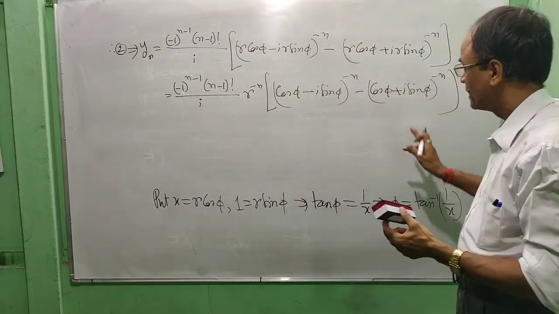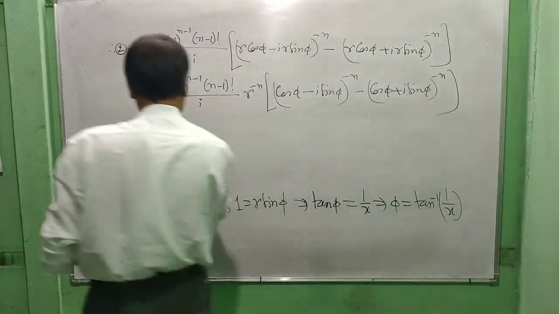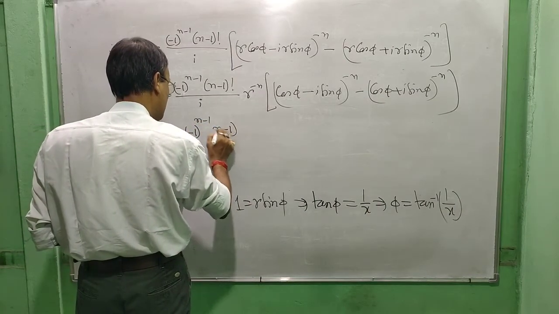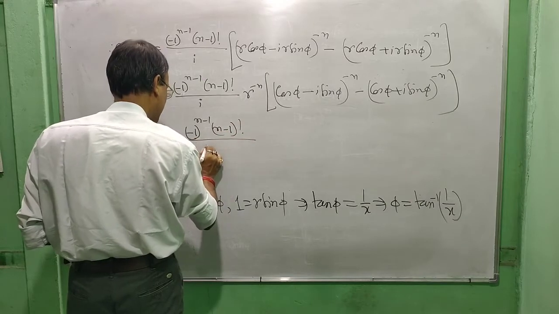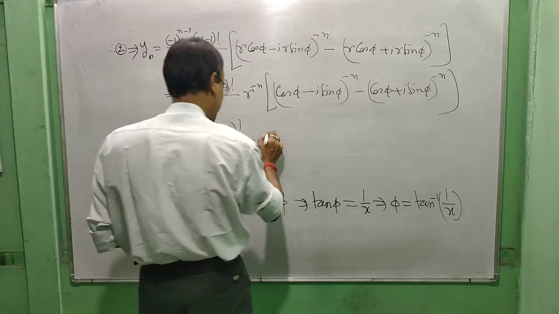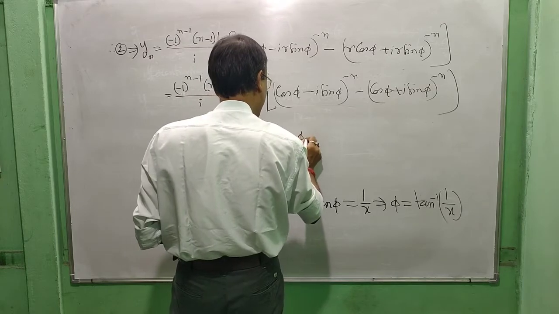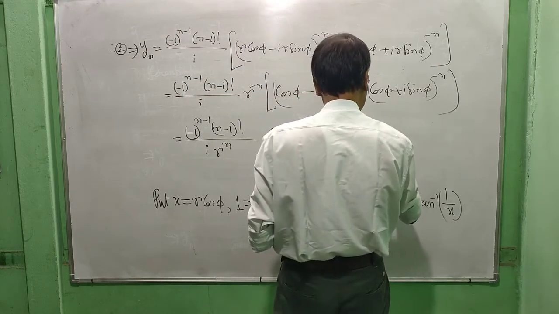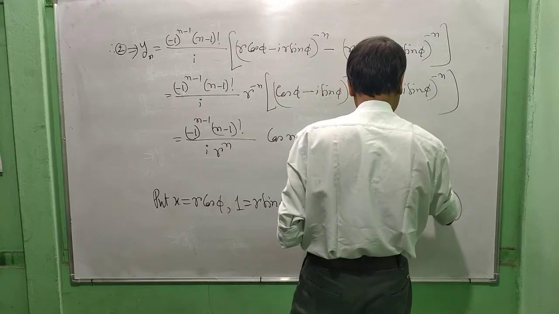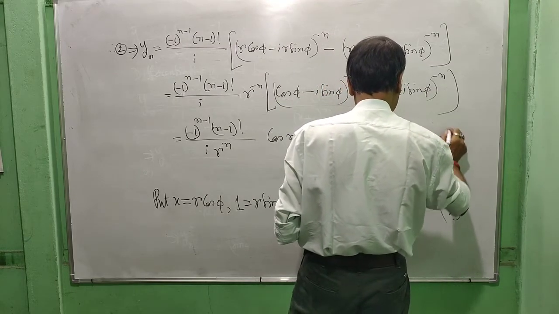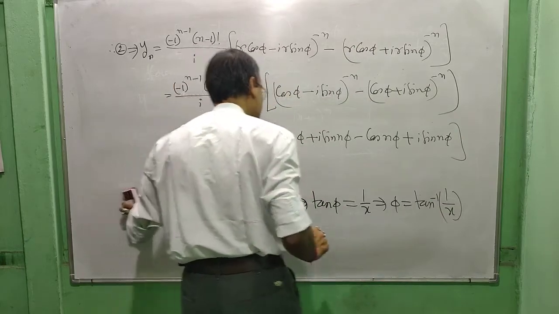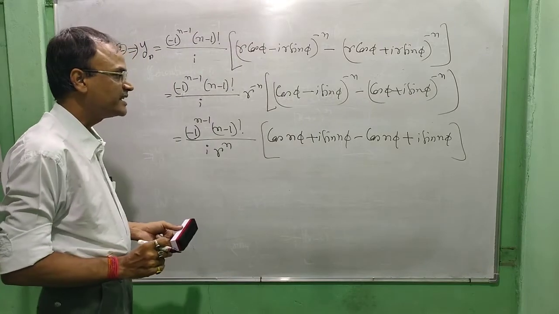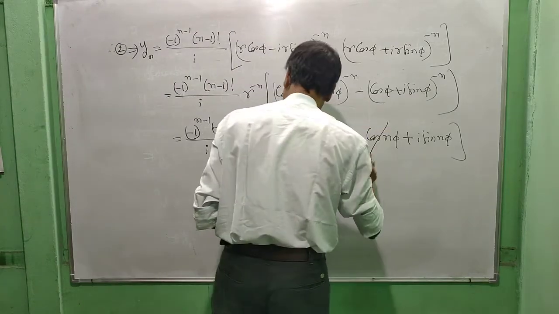This is equal to the same divided by i, times r to the power n, times cos n phi plus i sin n phi minus cos n phi plus i sin n phi, where the cosine terms cancel, leaving 2i sin n phi.